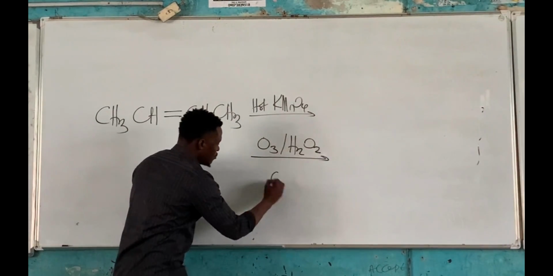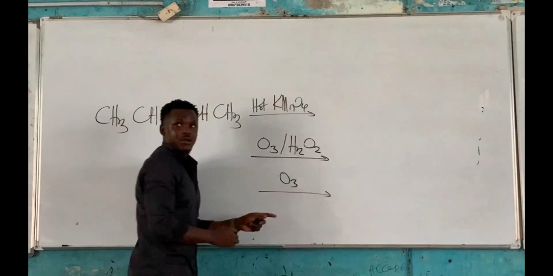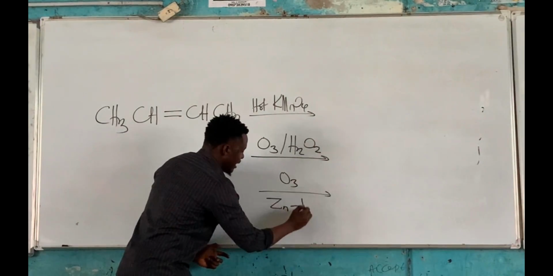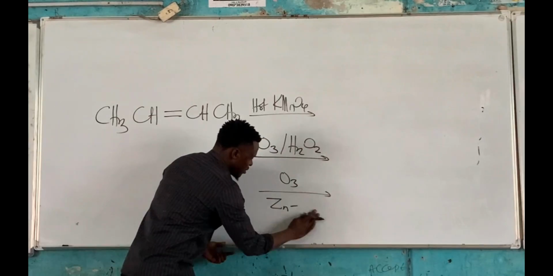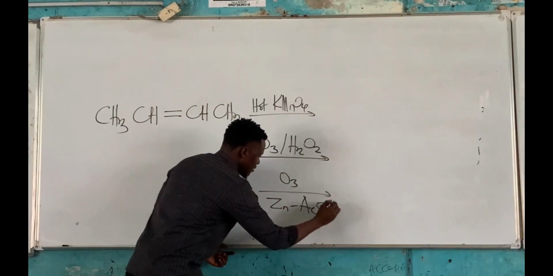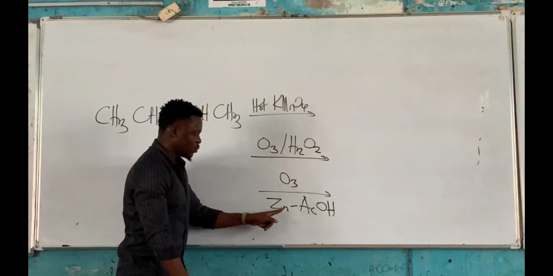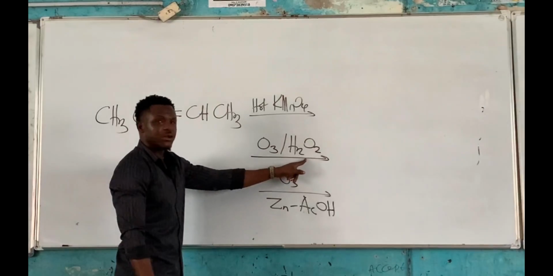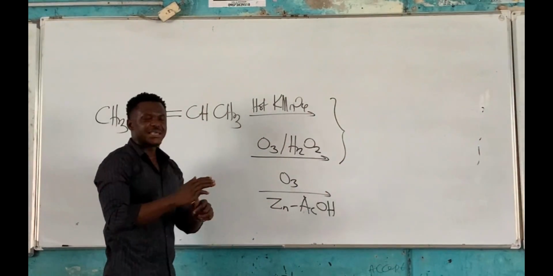The third one is most of the time written like this: ozonolysis followed by zinc in an acid. Ozonolysis followed by treatment with zinc in an acid, and ozonolysis followed by peroxide: these two give rise to the same product.